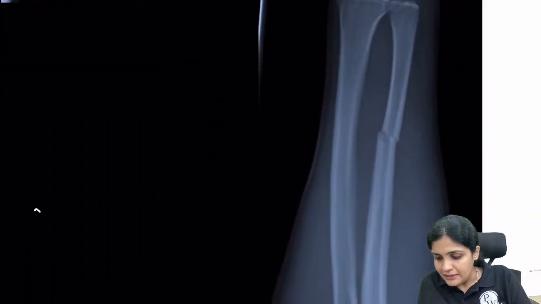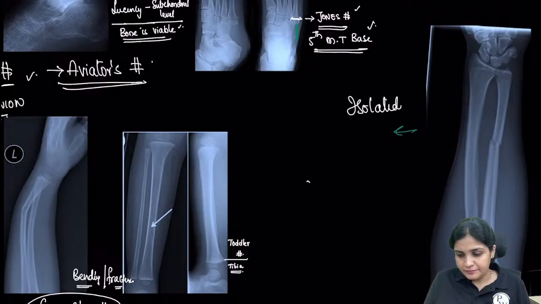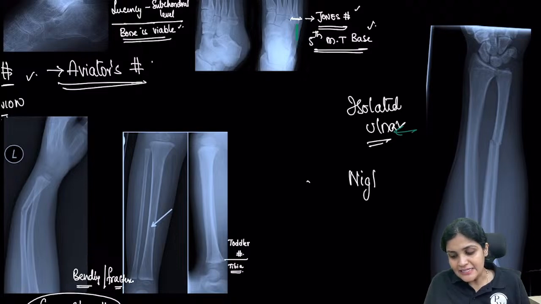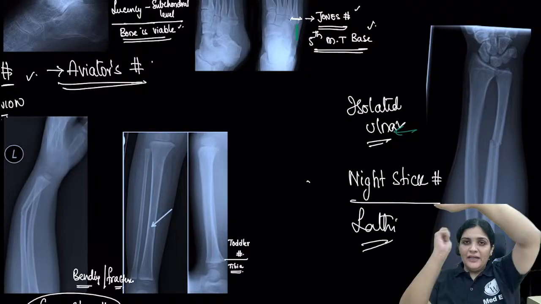Okay? Then what is this fracture? This isolated ulnar fracture. What is this called? This is called nightstick fracture or lathi. So whenever somebody is trying to beat you, you put your hand opposite, right?